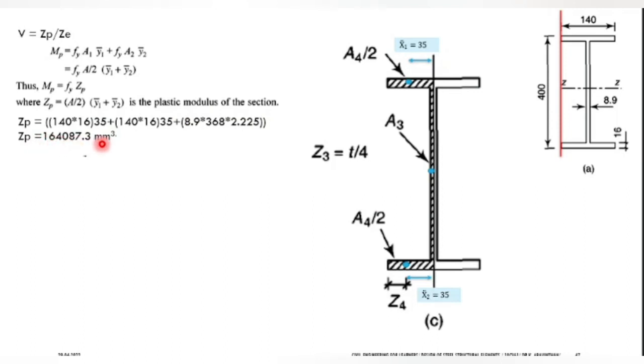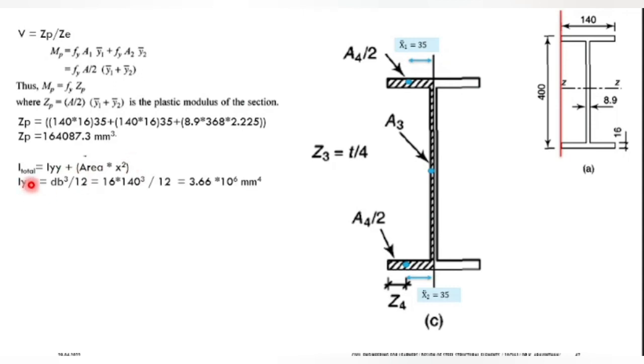So you can check it. Now you have to find I total. We have found out ZP, and when you are finding ZE, you need the formula, that is I by Y. What do you mean by I by Y? I is the moment of inertia, that is the total moment of inertia. How to find the total moment of inertia? You have the formula IYY plus area into distance square.